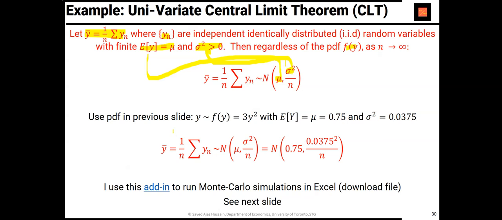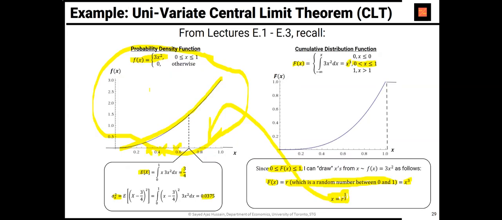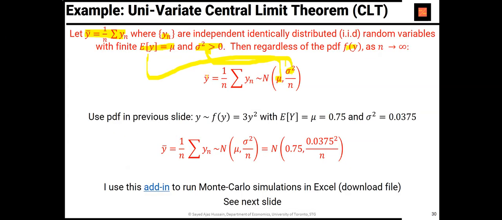So in the previous example, I'm going to replace the x's with the y's, right? Because to make it compare to the slide. So you have a density where y has a density 3y squared, whose expected value was equal to 0.75. You know that from the previous slide, and whose variance is known to be 0.0375. What the CLT says is, if I were to generate a bunch of y's, let's say n of them.